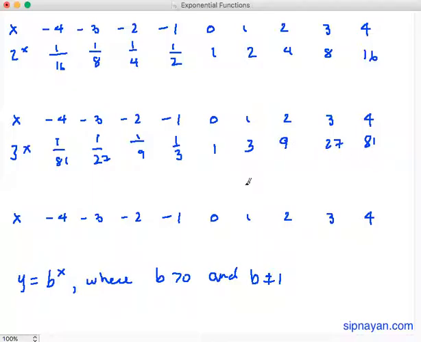Ito yung ating y equals 2 to the x. For the same x value, for example, x equals 1, mas mataas yung 3 to the x.